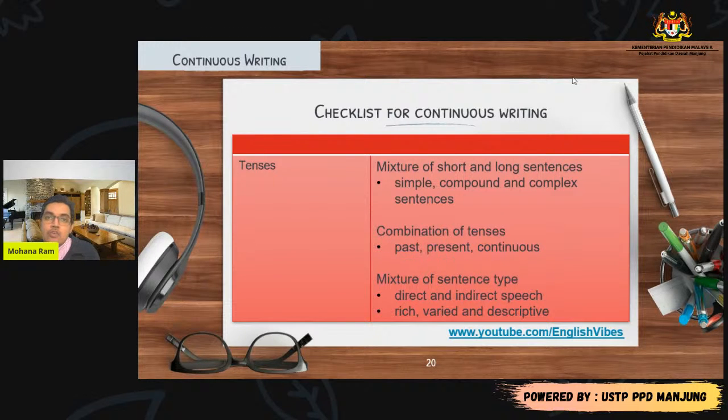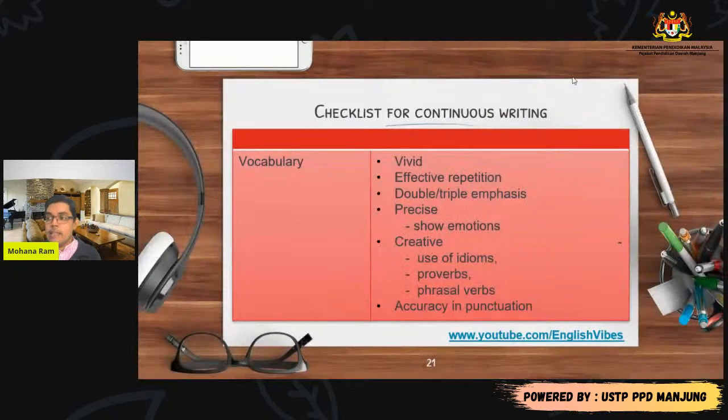Always plan where you are using past tense and where you are using present tense, and these tenses you also have to study in different forms of essays. And you also need to have a mixture of sentence types, direct speech and indirect speech, rich and varied and descriptive ideas. And for vocabulary, you need to use vivid vocabulary, clear, specific vocabulary, effective repetition.